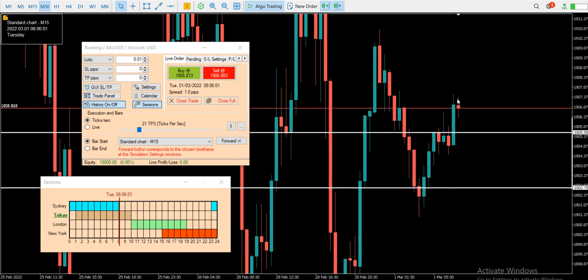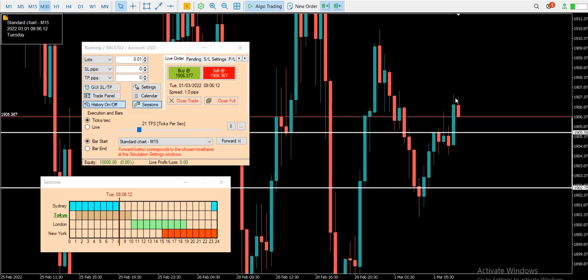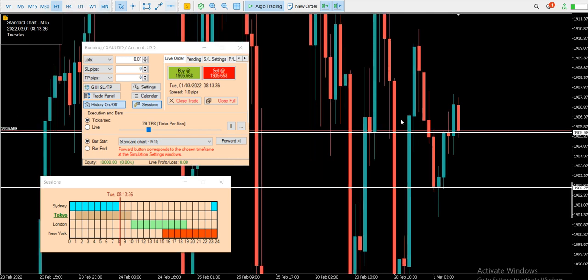Okay, it's not breaking the high at this point, so I will just patiently wait. That's all I would do. Let's speed it up. Speed it up a little more because it's doing nothing. Maybe it's reacting to this level a little bit, or this candle is coming down to create a bottom wick, but I don't care whatever happens.